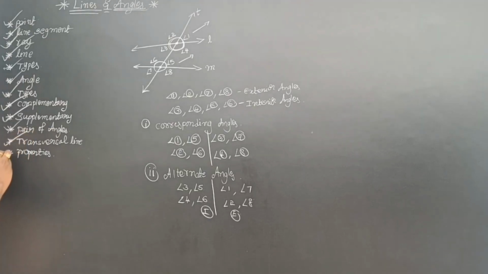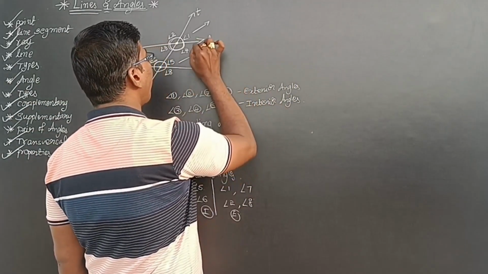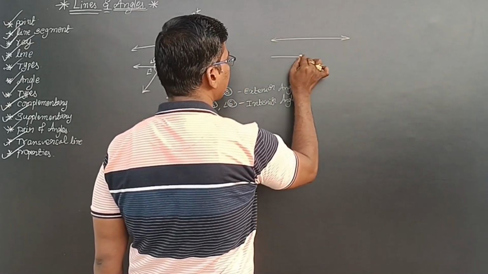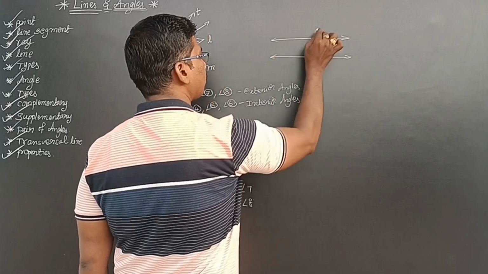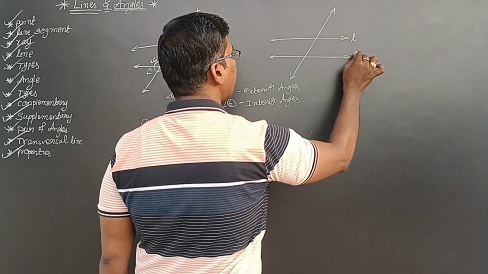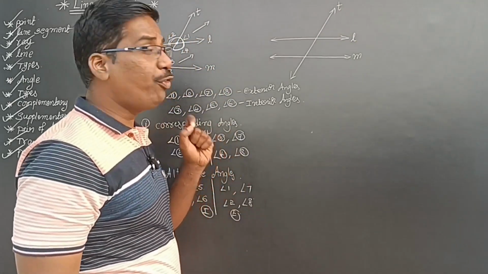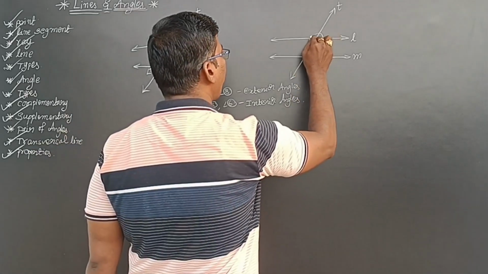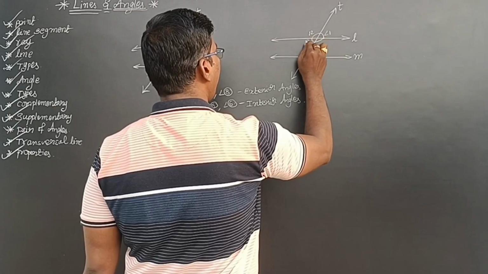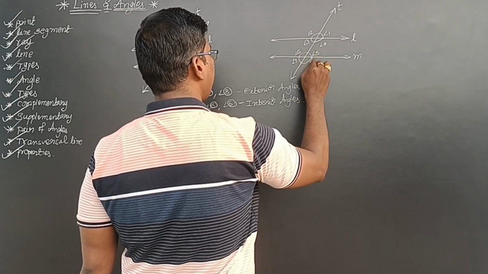Next, we have to study properties. Let us see. Now I am taking parallel lines. If two parallel lines are intercepted by a transversal line, here also 8 angles are forming: angle 1, angle 2, angle 3, angle 4, angle 5, angle 6, angle 7, angle 8.